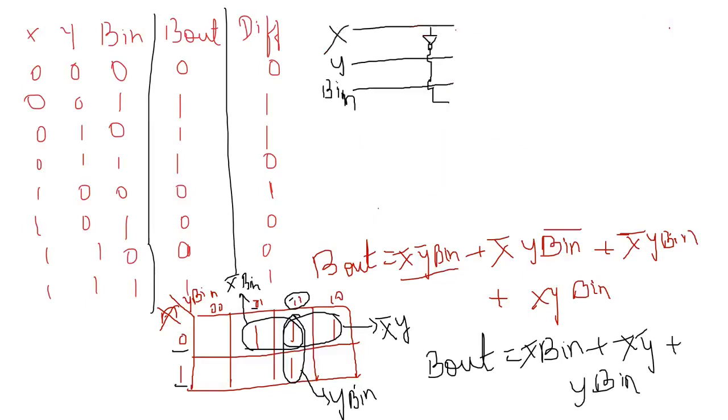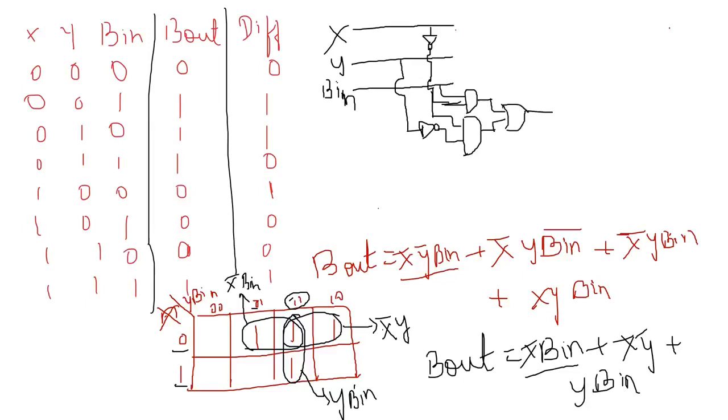Okay, so let me write the circuit for this. So it is X bar B in, so X bar means X NOT, and B in, it is AND gate. Okay, then it is X bar Y, add NOT gate to X, AND gate in between that, then apply OR gate for these two outputs.